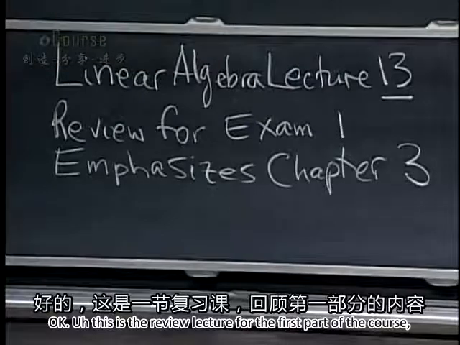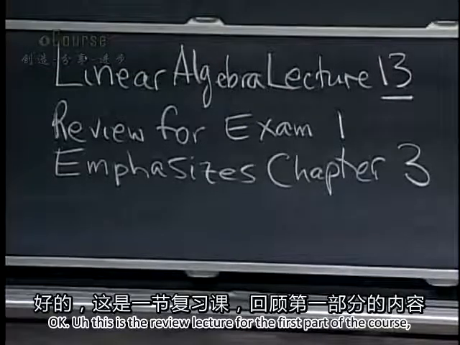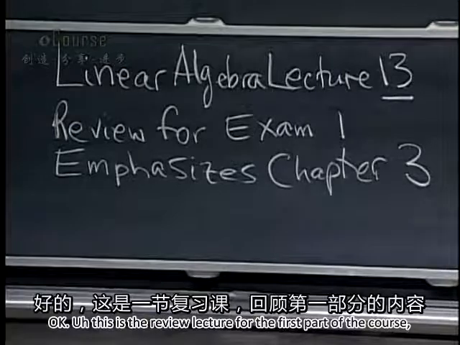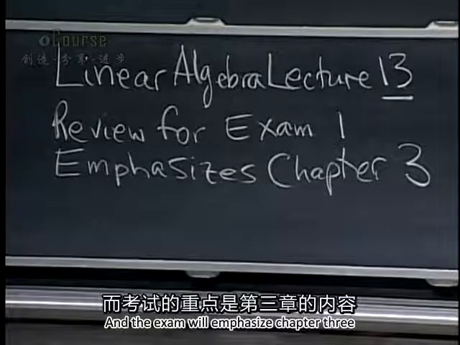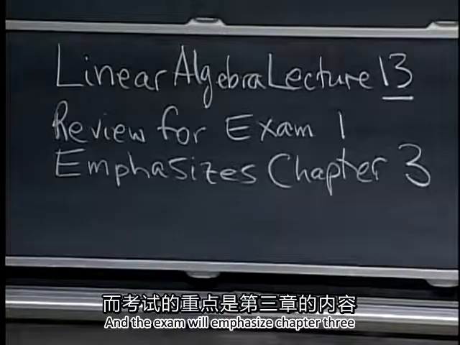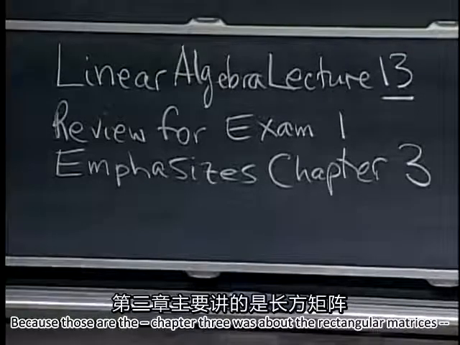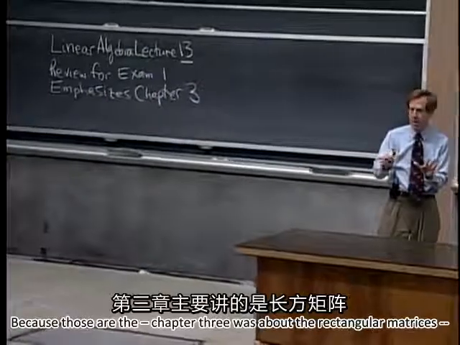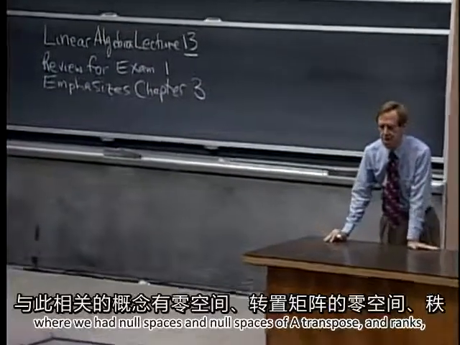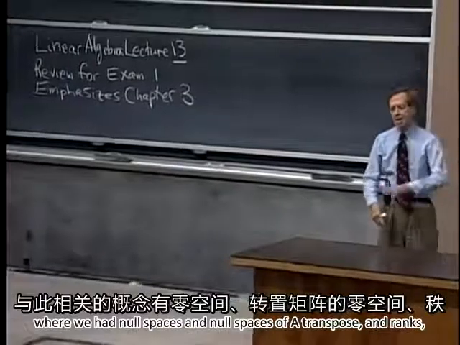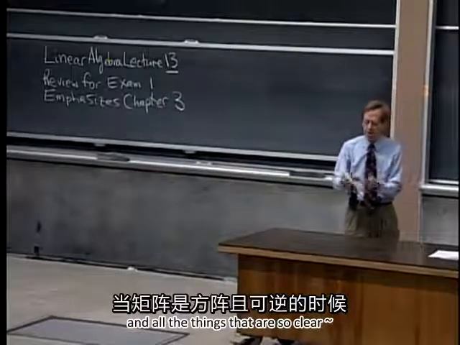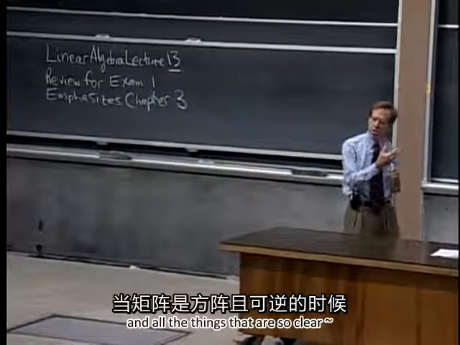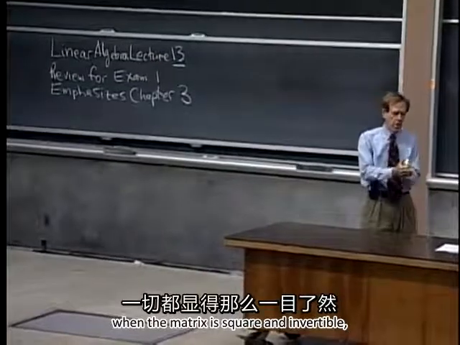Okay, this is the review lecture for the first part of the course, the Ax equals b part of the course, and the exam will emphasize Chapter 3, because Chapter 3 was about rectangular matrices where we had null spaces and null spaces of A transpose and ranks and all the things that are so clear when the matrix is square and invertible.